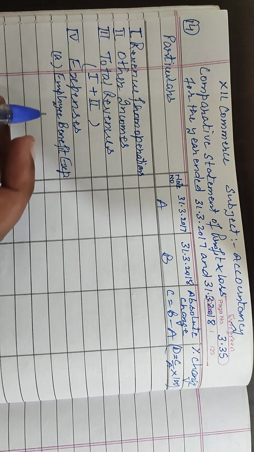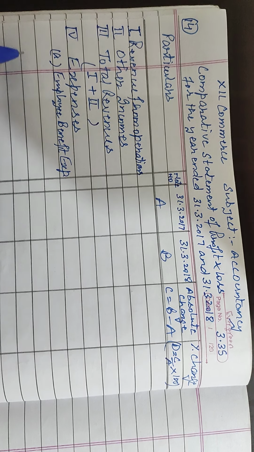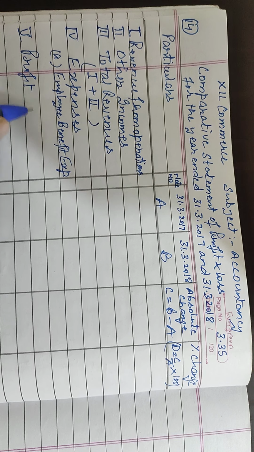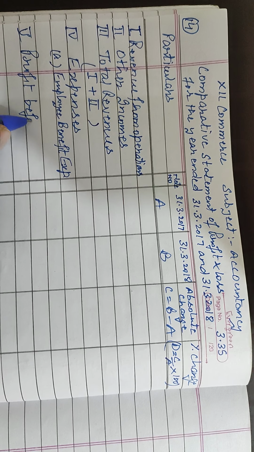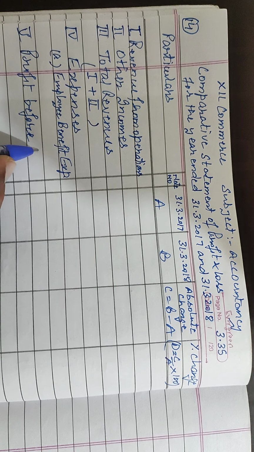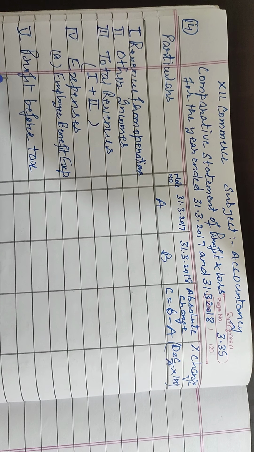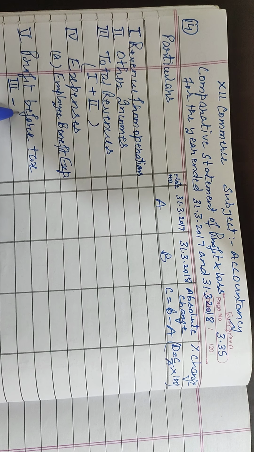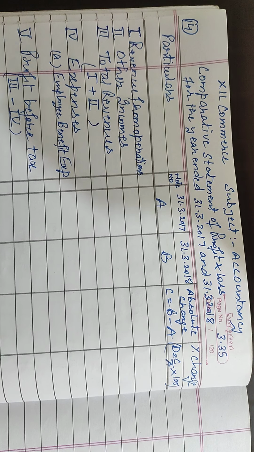Then we have to find number 5, profit before tax. How will it be calculated? Out of total revenue, we subtract the amount of expenses, that is 3 minus 4, and the profit will be available.